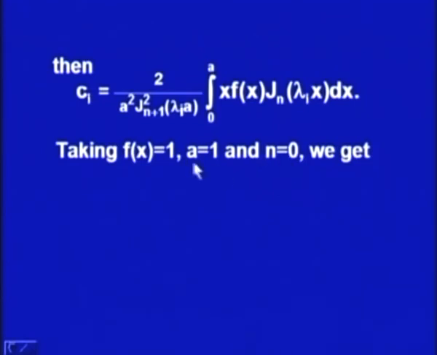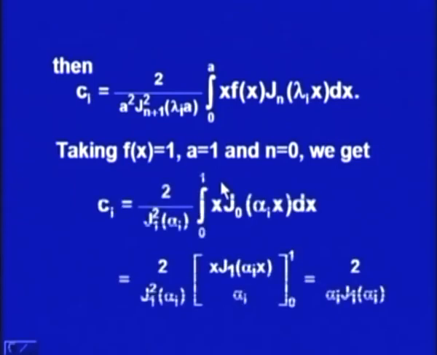So, we take a equal to 1, then we will get C_i equal to 2 over J_1 square alpha_i, integral 0 to a of x J_0(alpha_i x) dx.